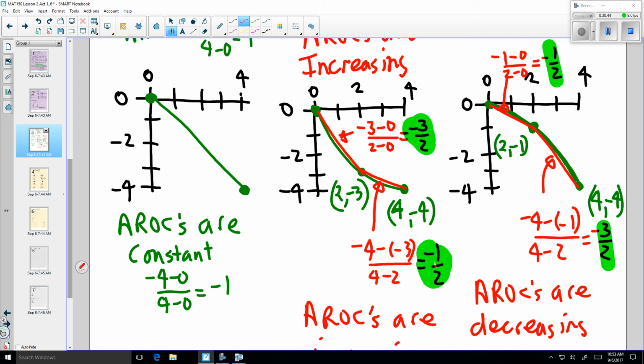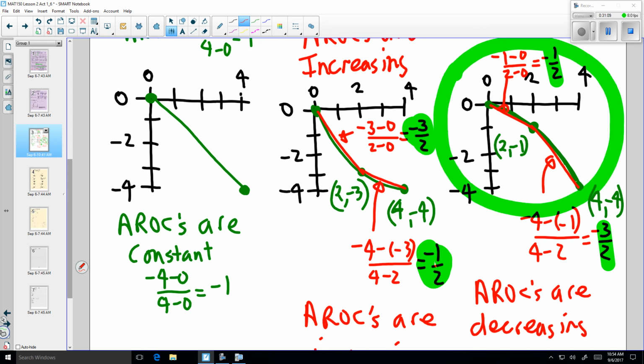So what's interesting in summary here, before we wrap things up, is that we have two scenarios that have something in common, where AROCs are decreasing. And so let's look at both those scenarios. They're in this far column here. So there's this one, where we're decreasing at an increasing rate, if you will.